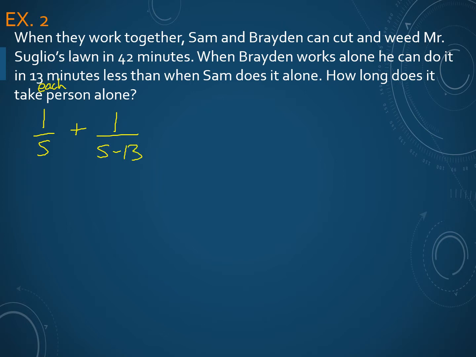And when they work together, that's why we're adding Sam plus Brayden. So that's like Sam, that's like Brayden. They can do one lawn in 42 minutes. And that would be together. So we are ultimately looking for S.